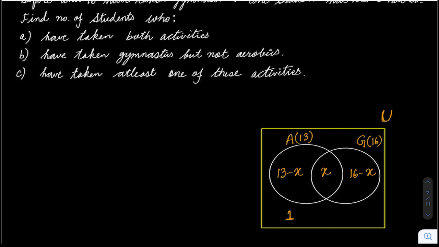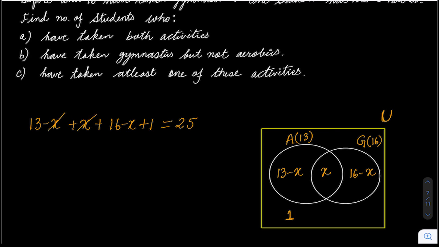Now, what information do we have? We know that the sum of all these students must be 25. So I can say that 13 minus x plus 16 minus x plus 1 should be 25. That is my universal set.